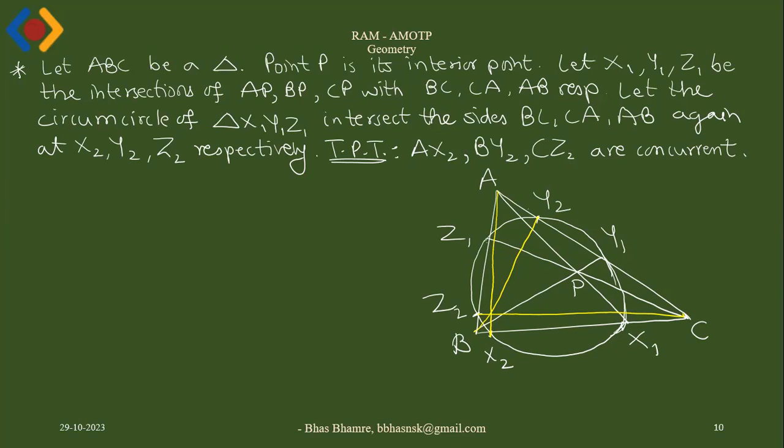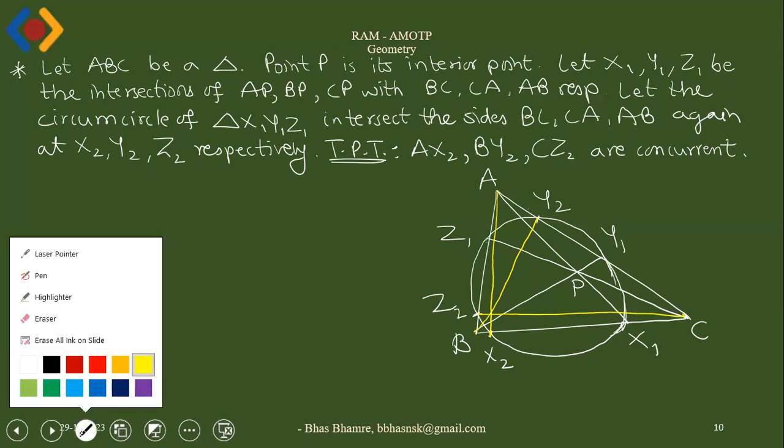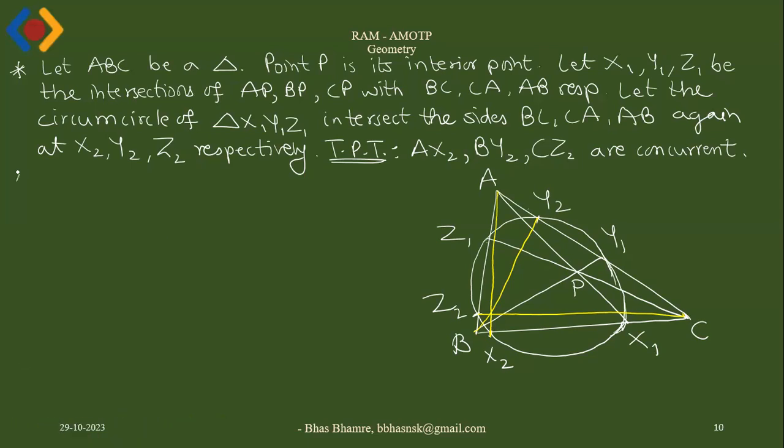Then we need to use some power of a point. First of all, we know that AX1, BY1, CZ1 are concurrent.